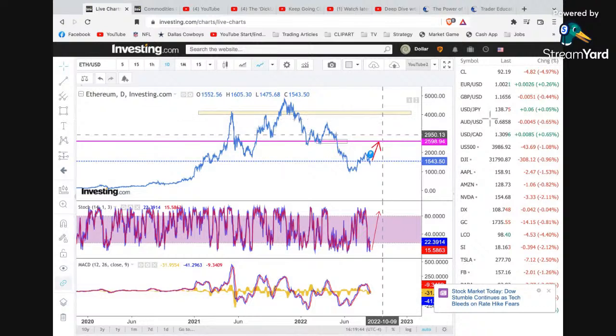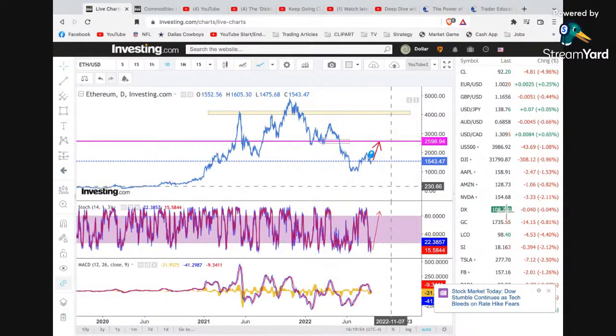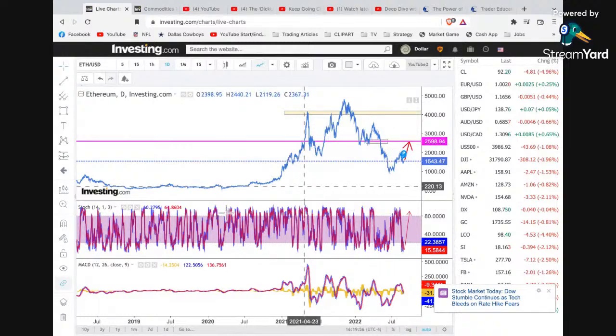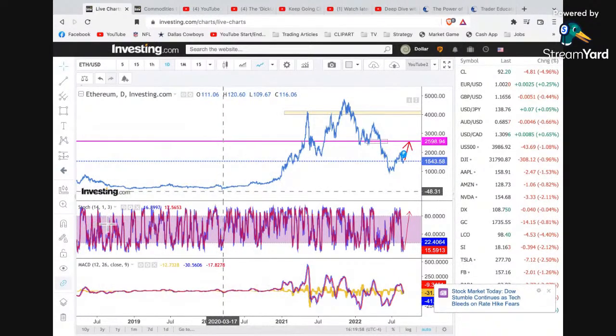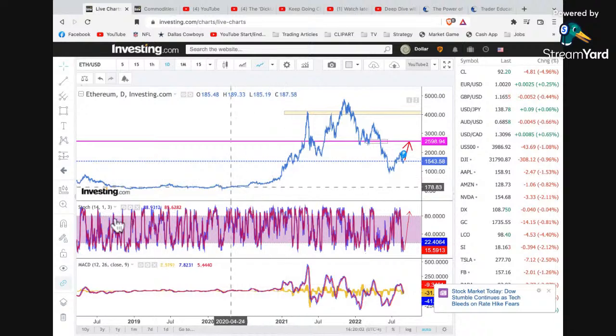But if it was to go here and pull back and go higher, that would actually be good, because it would set the target for the low to come here. Like if it came here and failed and dropped, I'd look for it to come to this area back in March of 2020.